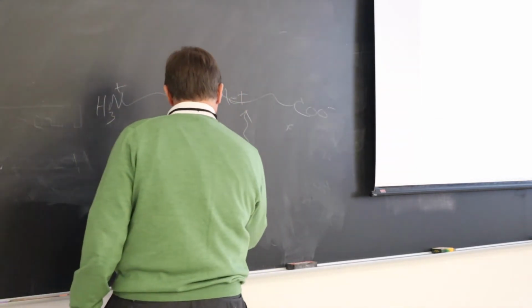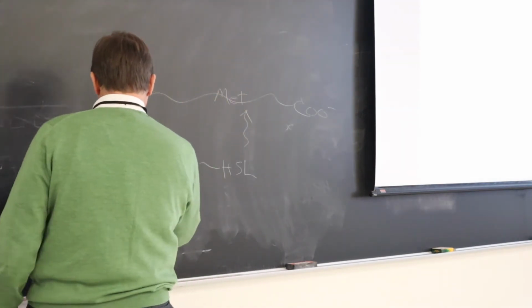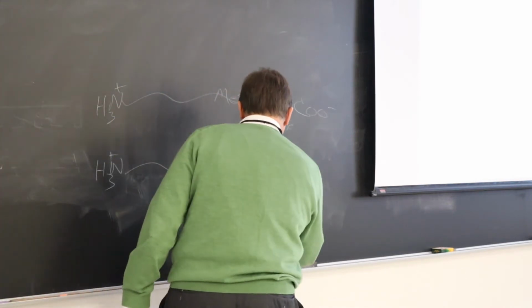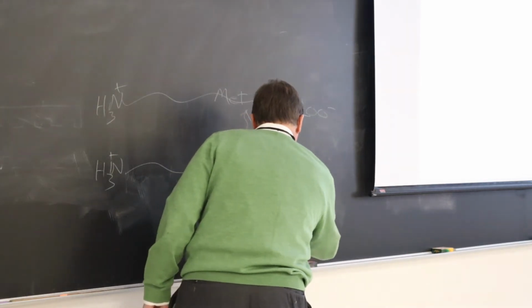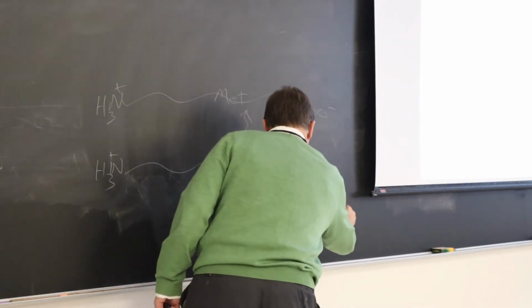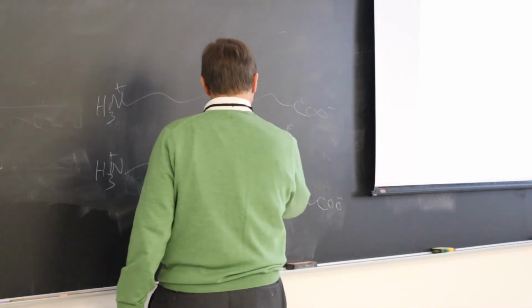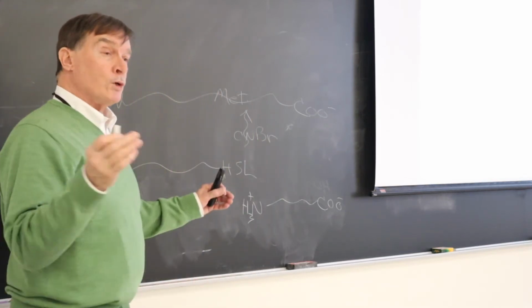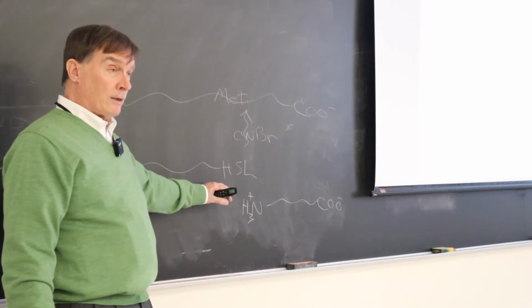You get one peptide with a homoserine lactone, and this part's still going to be an NH3+. And the other peptide that you get is going to be a conventional peptide like that. So cleavage with CNBr at a methionine gives you two peptides, one of which contains a homoserine lactone.